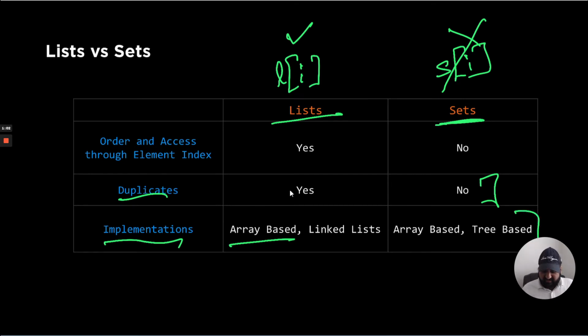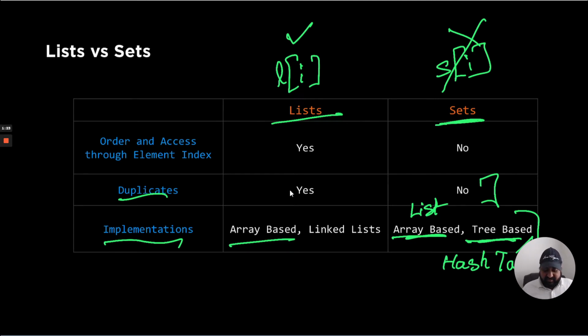When we discuss sets specifically, sets are implemented in 3 different mechanisms. So one is the list-based approach, which includes the array-based approach. The second one is tree-based approach, and the third one is hash tables based approach, which we are going to discuss in the next set of videos.